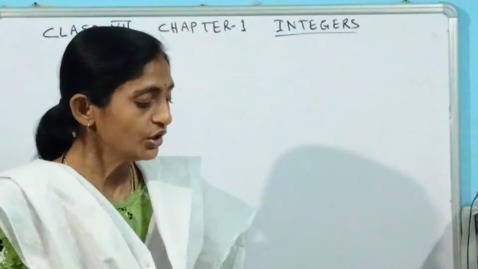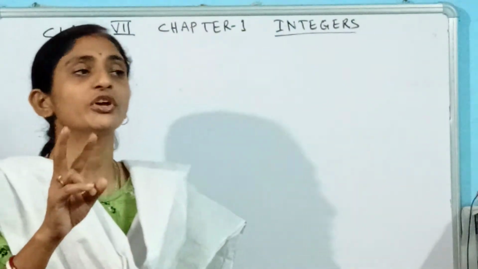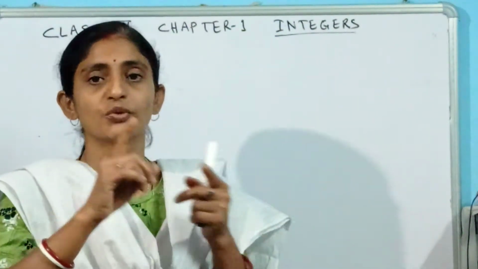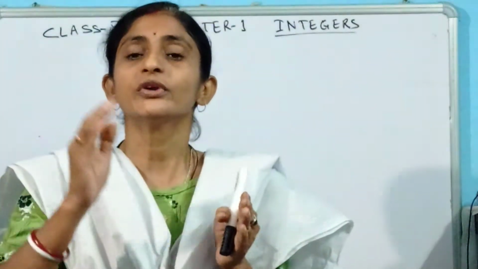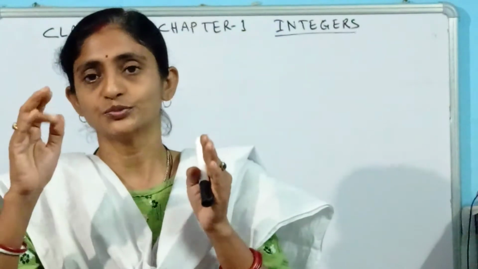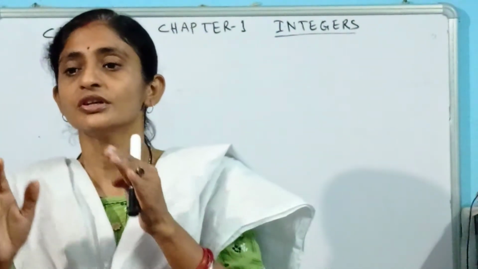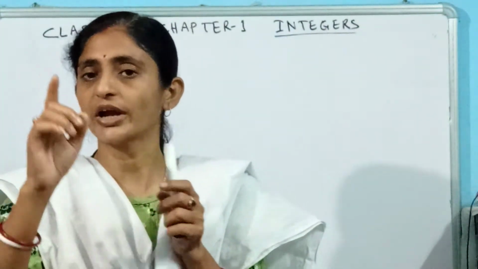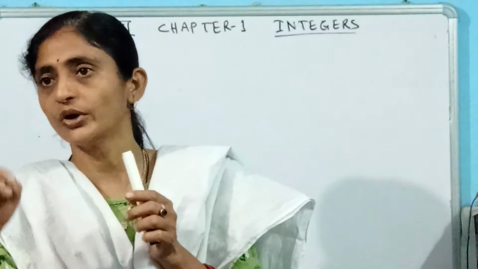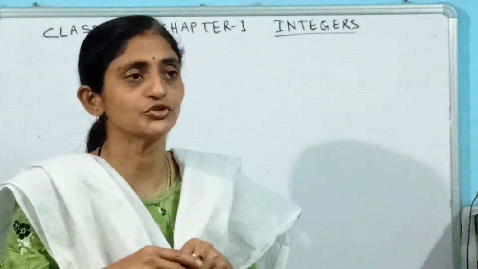When we add two positive integers, we move towards the right hand side of 0. And if we subtract two positive integers, like 5 minus 3, then from 5 we move towards the left side.